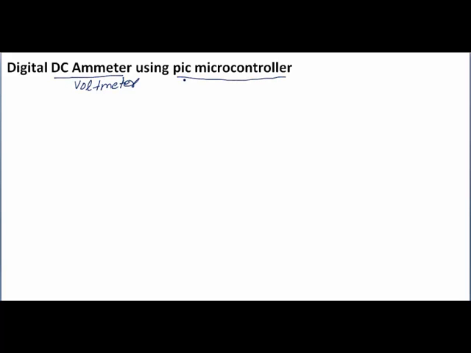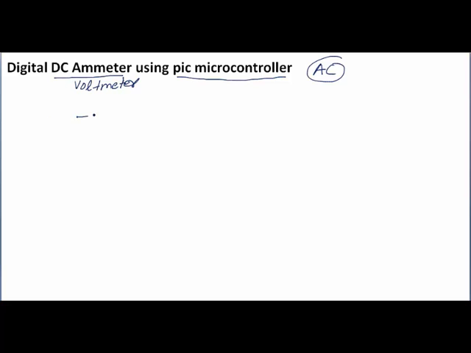In my upcoming lectures I will also talk about AC voltmeter and AC ammeter.